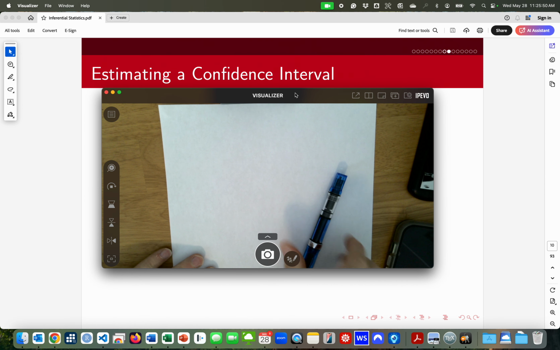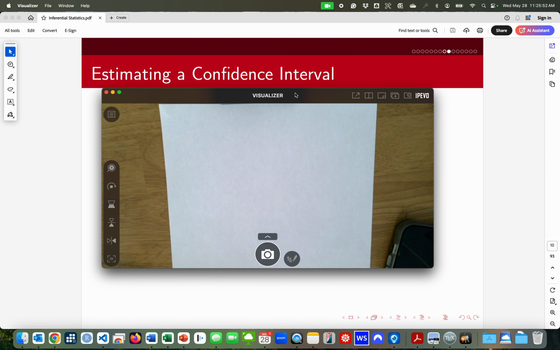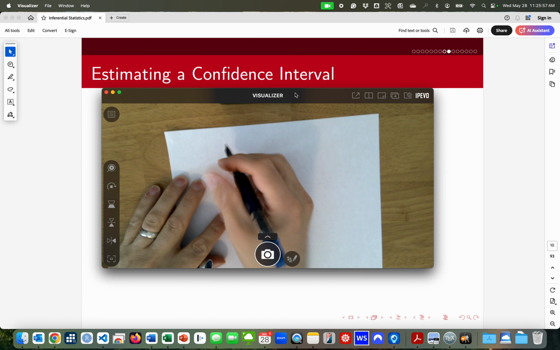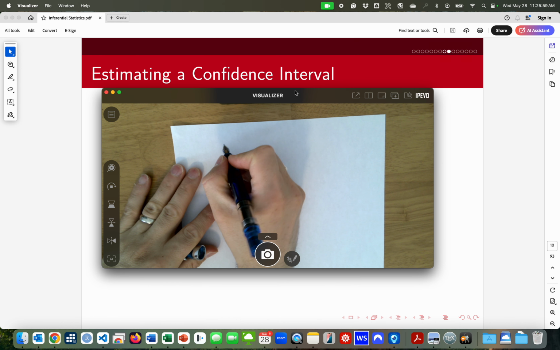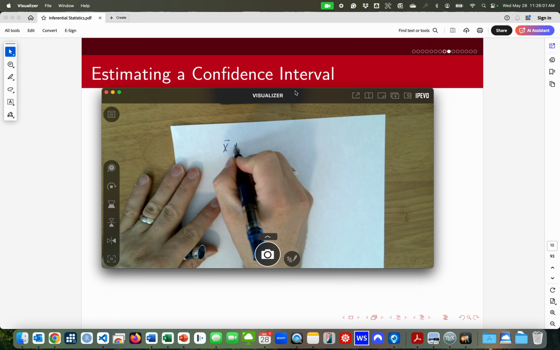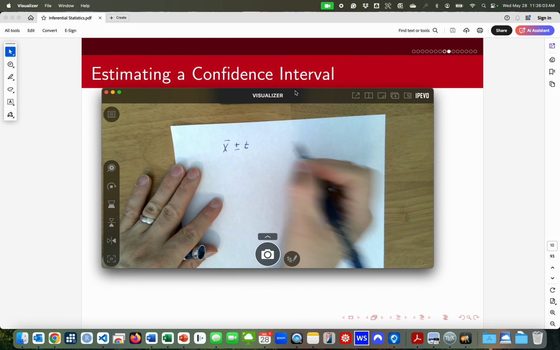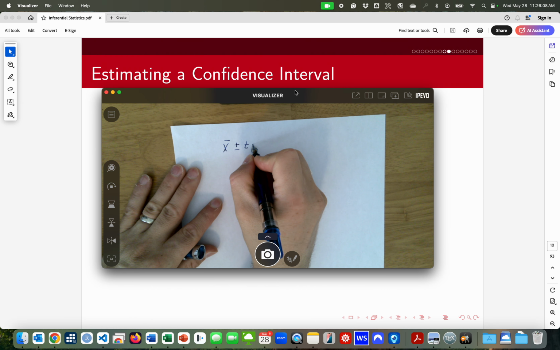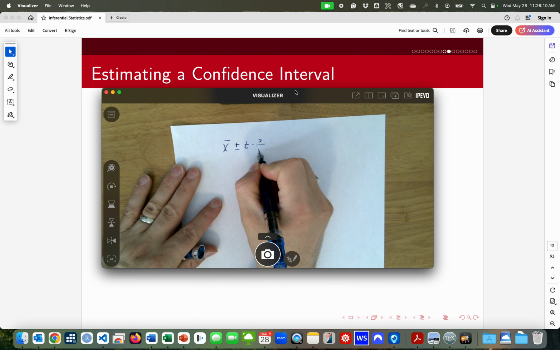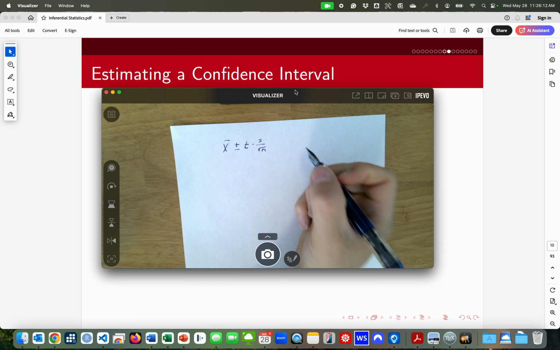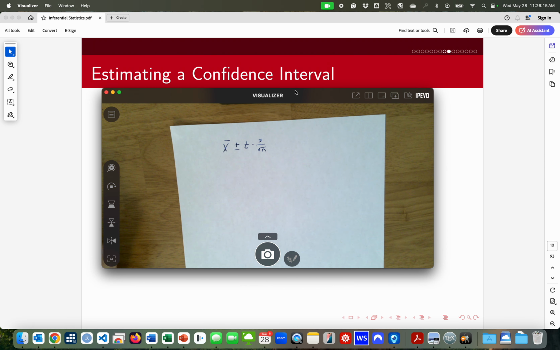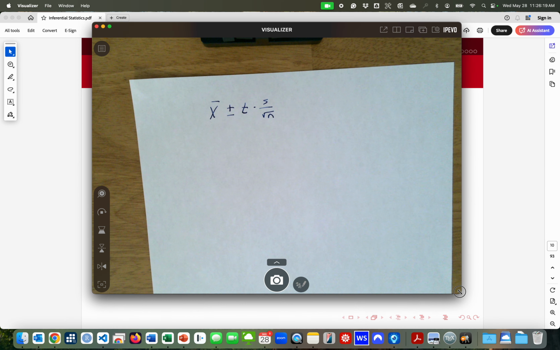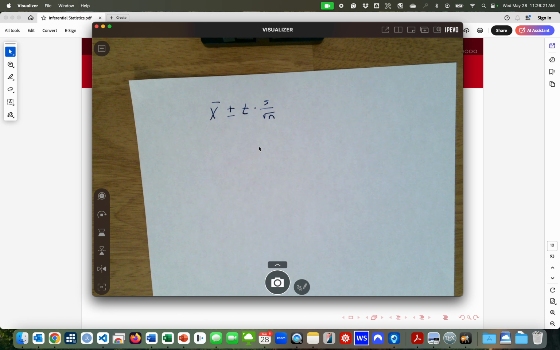So our confidence interval is, I'm going to just do some shorthand here, x bar plus or minus t, but that's t alpha over 2, n minus 1. I just don't want to write that every time, times s over the square root of n. So that's the formula for the confidence interval.